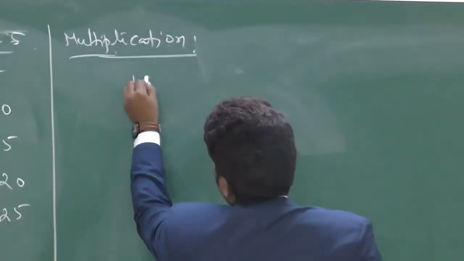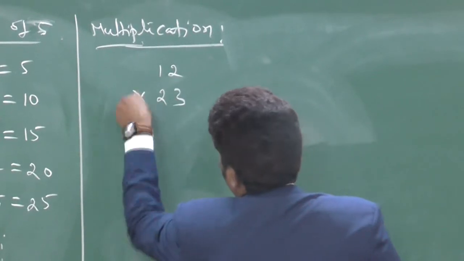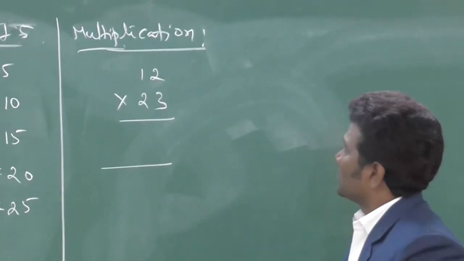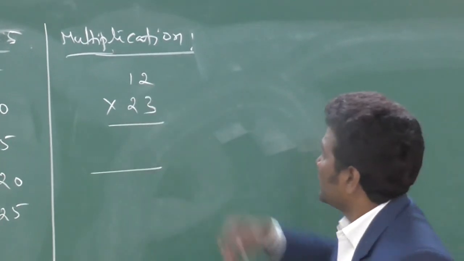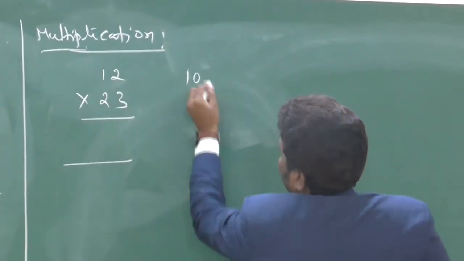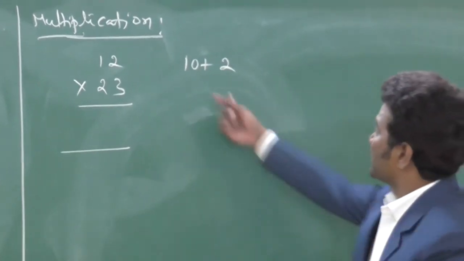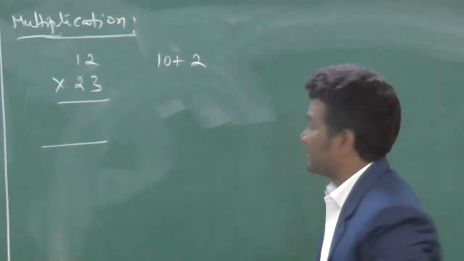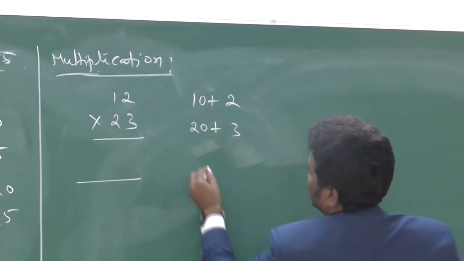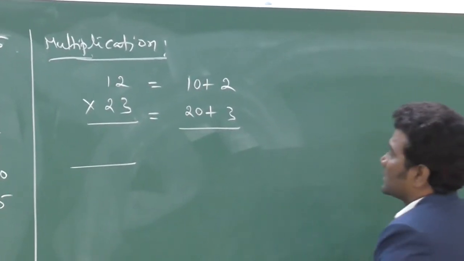So let us multiply 12 times 23. What I will do is write 12 as 10 plus 2, multiples of 10 for my convenience, and 23 I am writing as 20 plus 3. This is the same as this.